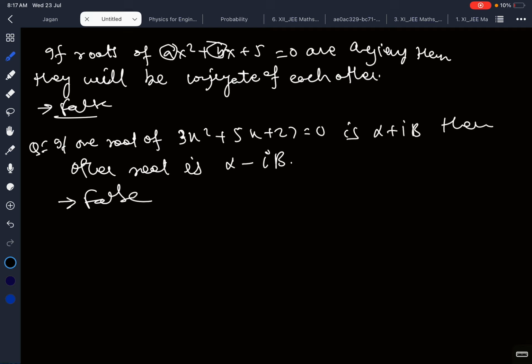If alpha and beta were real, then I could say this holds. But if beta were imaginary, in terms of iota, would these two be a conjugate pair of each other? No, not necessarily. So this statement is false.